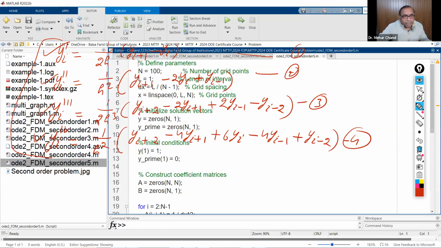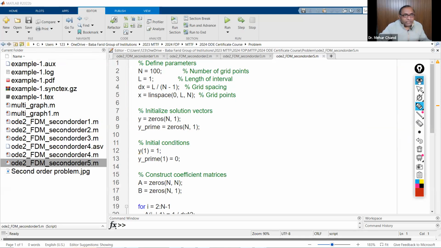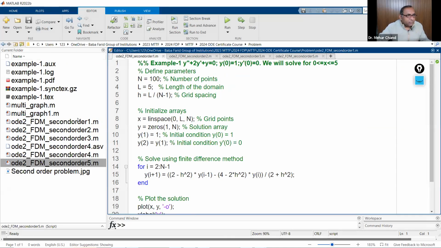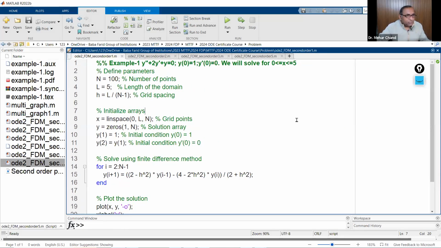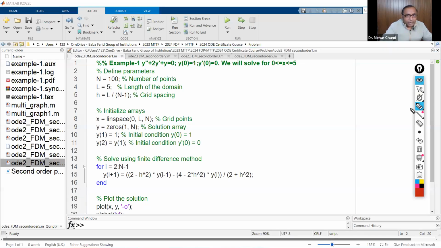Here is the MATLAB window, and in this there are four examples I chose to find the solution. See, in the very first example, we have y double dash plus 2y dash plus y is equal to 0, and these are the conditions: y0 is equal to 1 and y dash 0 is equal to 0, and we want to solve for the interval 0 to 5.